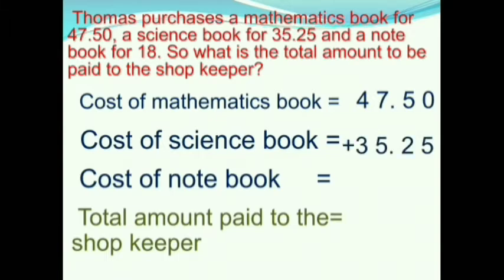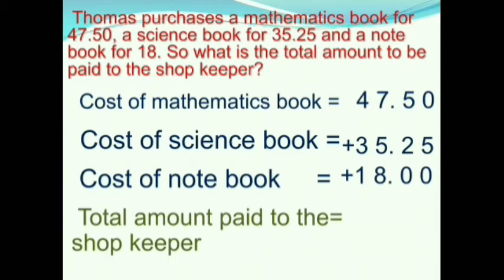Yes, the cost of science book is 35 rupees 25 paise. Next we should write cost of notebook. What is the cost of notebook? Yes, 18 rupees. Now we should find out total amount paid to the shopkeeper.